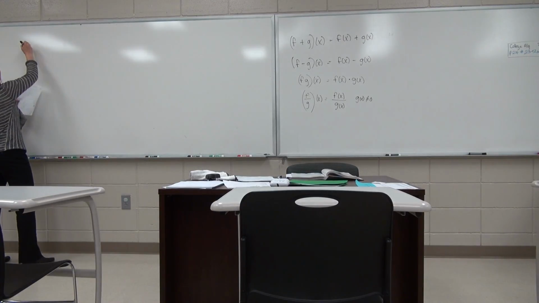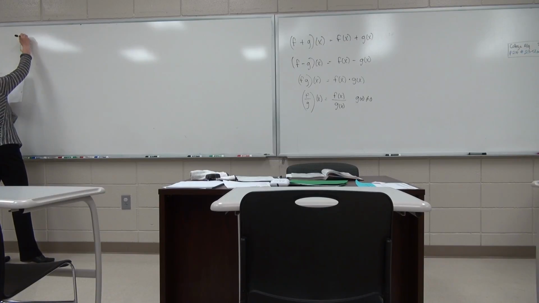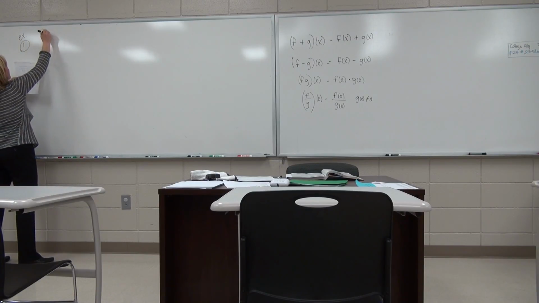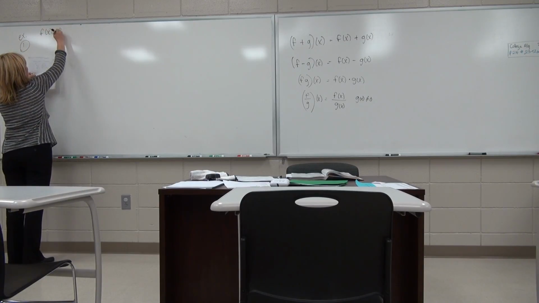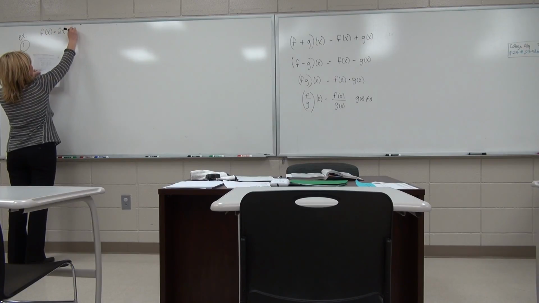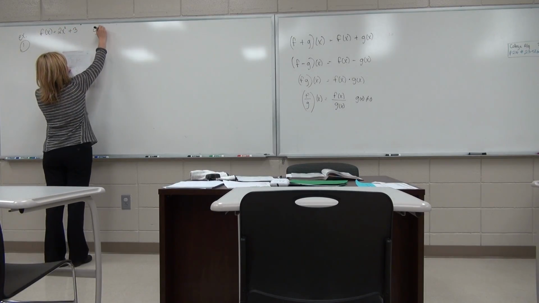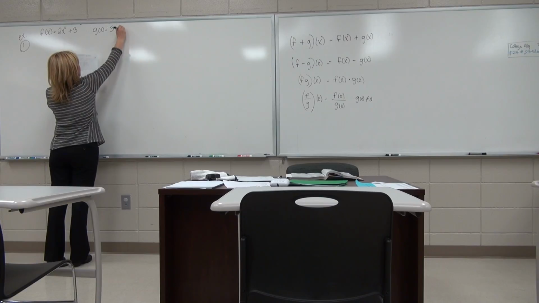Alright, so for number 1, let's say for these problems, I'm going to tell you that f of x is equal to 2x squared plus 3, and g of x is equal to 3x minus 4.